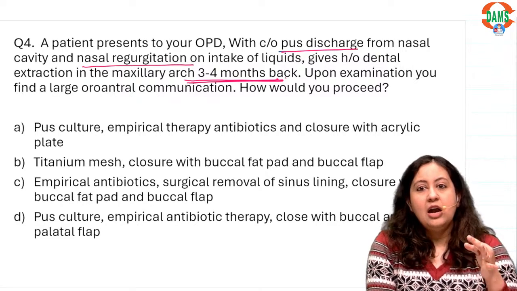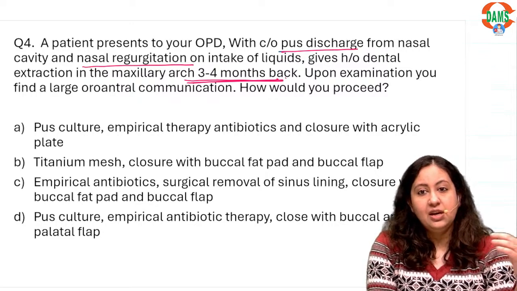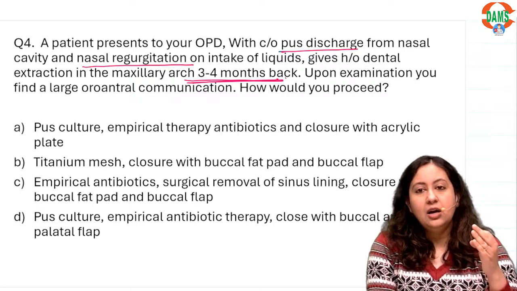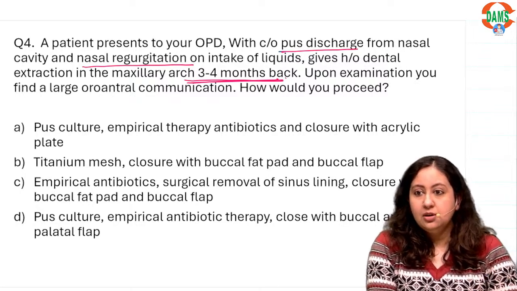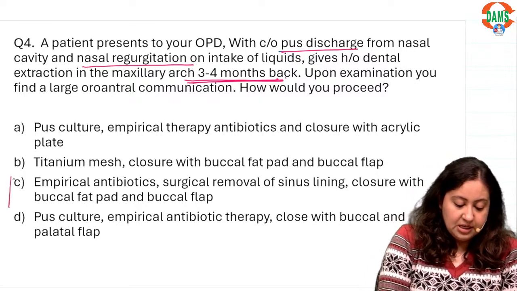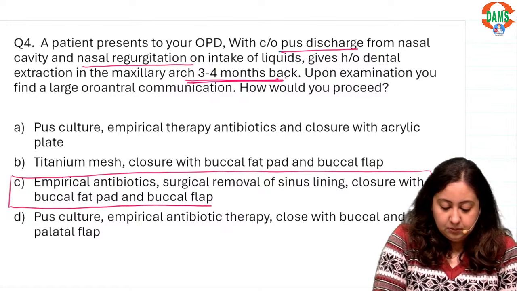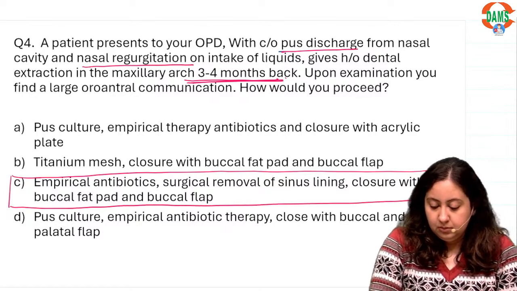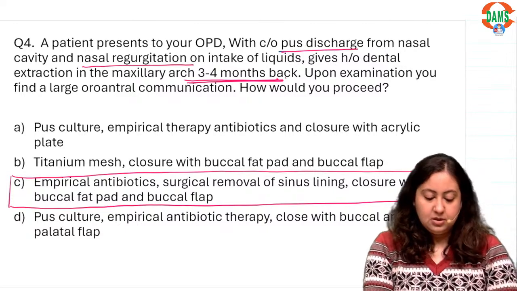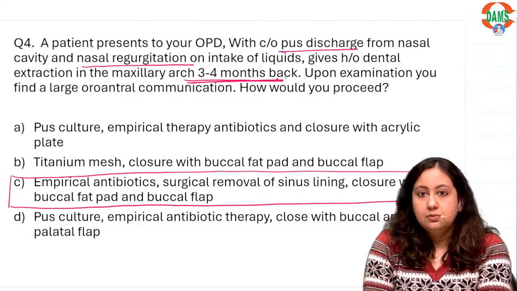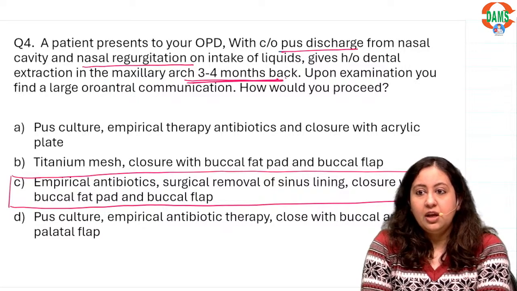And you will close with a double flap, because the fistula is long standing. It is now a very long standing fistula. So you will give a double layered closure with buccal fat pad and buccal flap. So here your option C is the correct answer. You have to take care of everything.